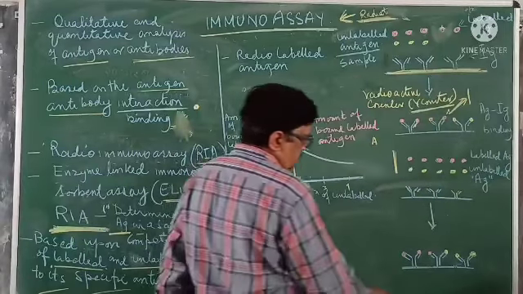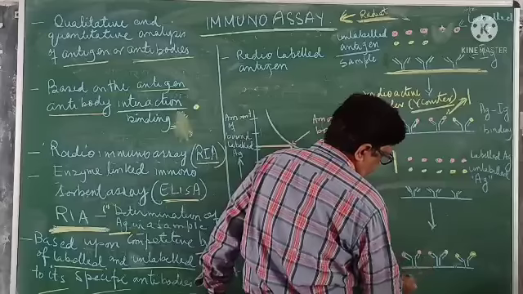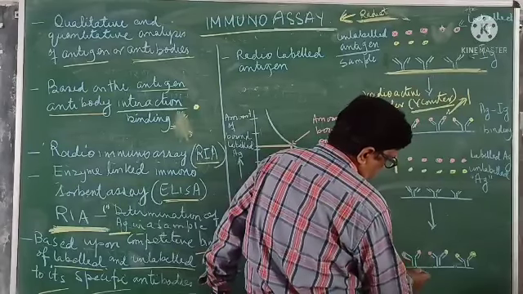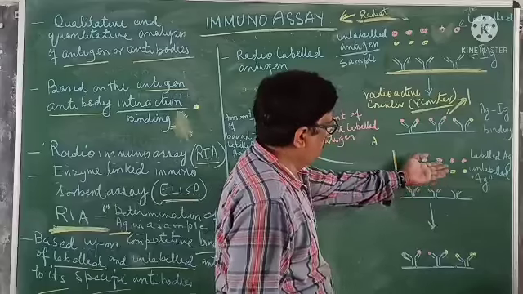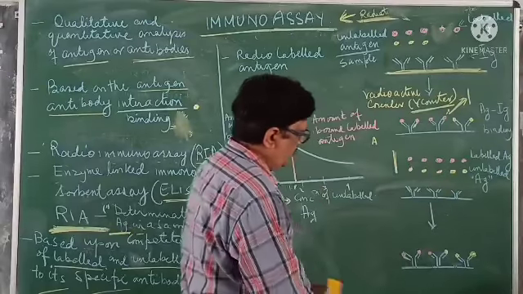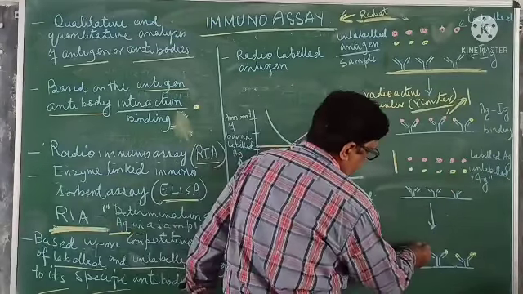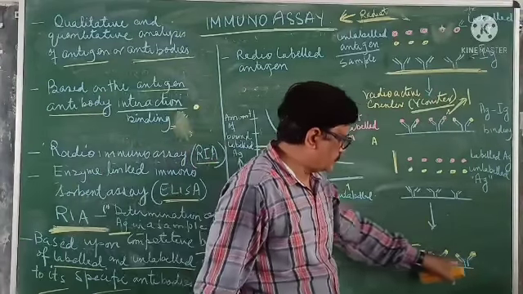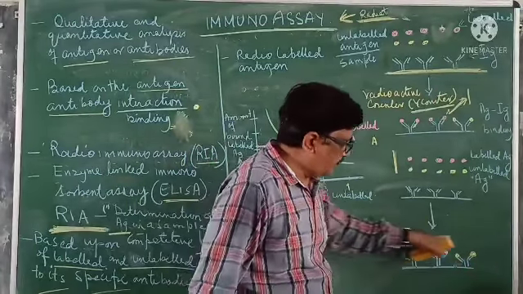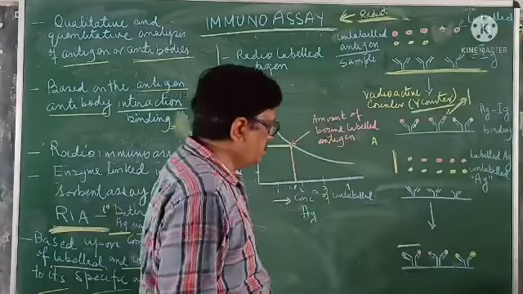That means in the next step, the chance is that out of the 5 of both types, 3 of each type of antigen will bind to the specific antibodies.